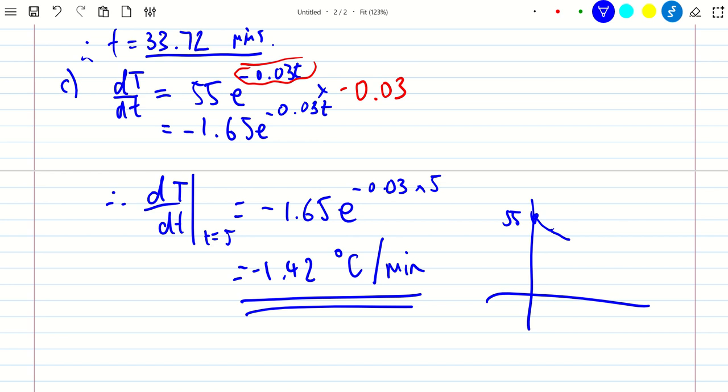And sorry, it doesn't mean every minute it's dropping by 1.42. It means at exactly t is equal to 5. So at that exact moment, the rate of change, it's dropping by 1.42. Okay, that's probably a bit of a better explanation. Hope that makes sense. We'll see you in the next video.